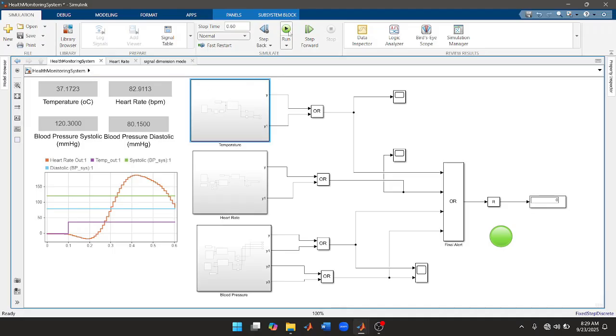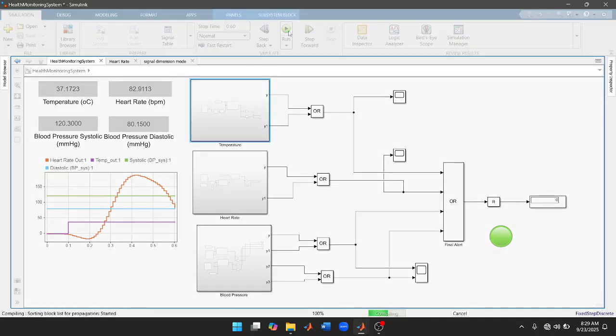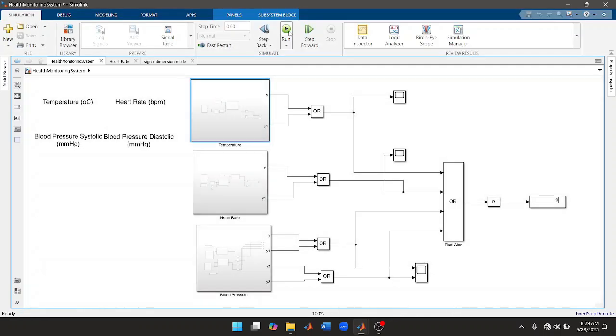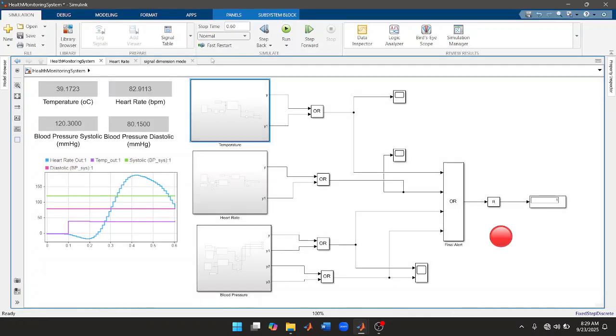We can simulate and see that the temperature is 39 degrees Celsius. Now you can see that we have a red alert. There's a fever alert now. The temperature has increased. You can see the signal reading from this dashboard, and this alert shows that the temperature has increased.